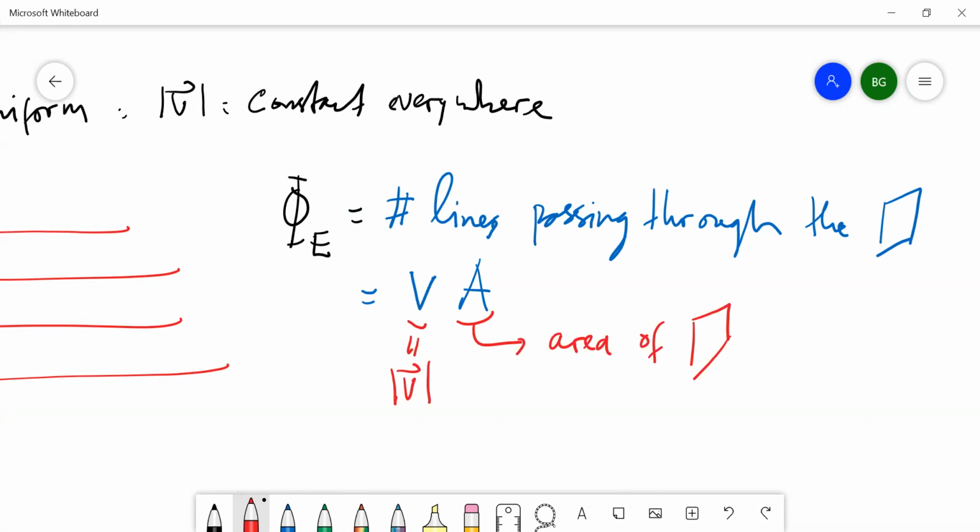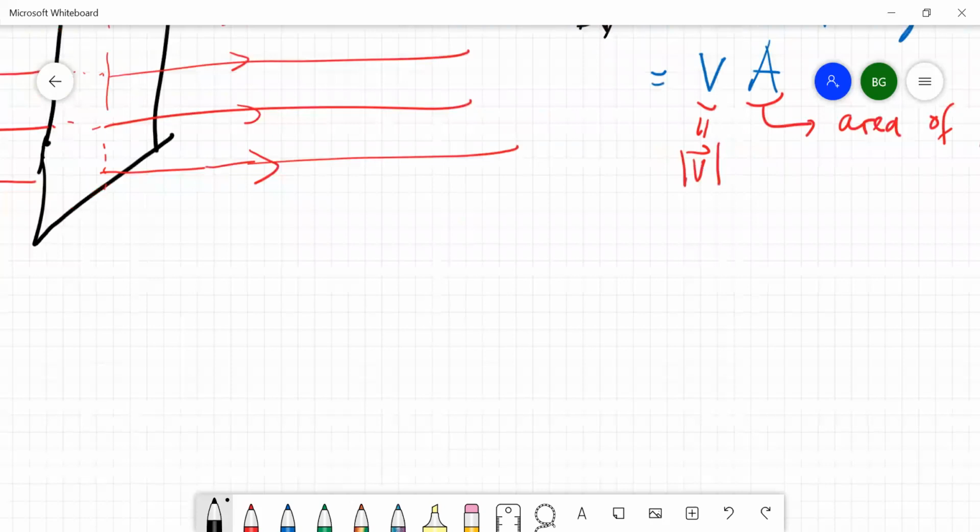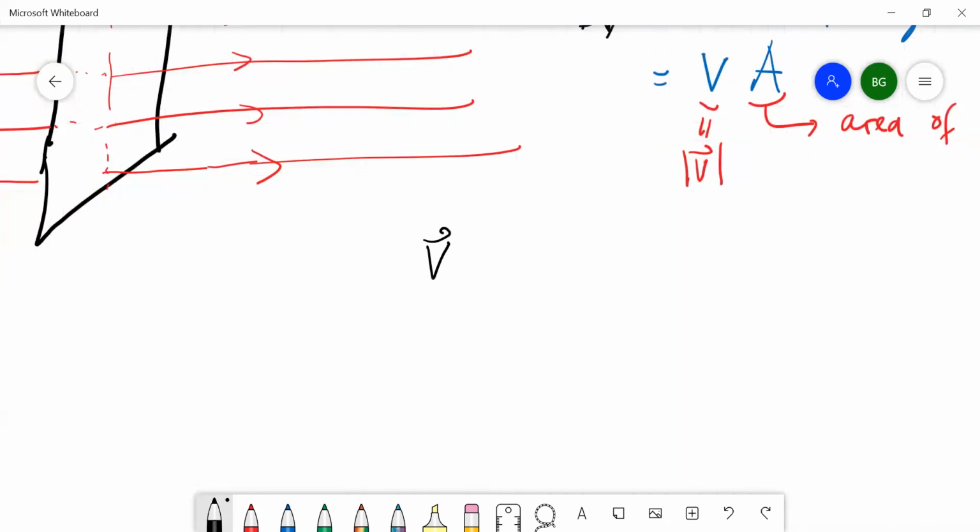Let's say this is V. This V is related to the flux of vector V. So if we have V, we replace V by E, the electric field.